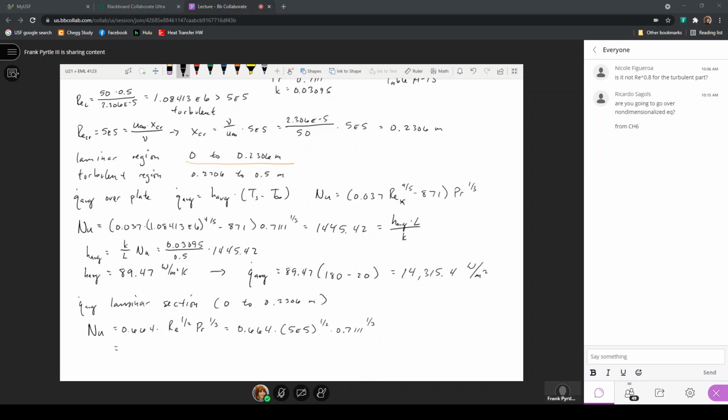So this Nusselt number, which will give us the average heat transfer coefficient just for the laminar region, is 406.457.